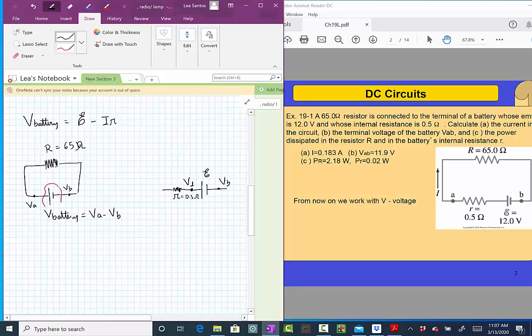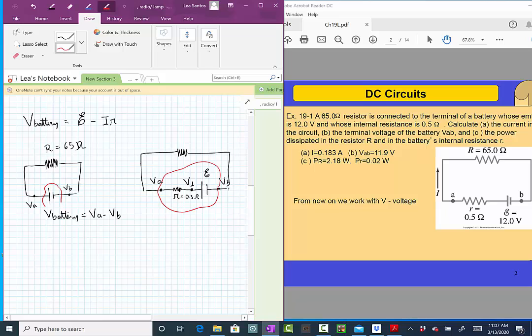Once the current goes through that, we have this drop, and the potential becomes VA. Then we are in our circuit with the potential difference VA minus VB. All of this inside here is the battery.